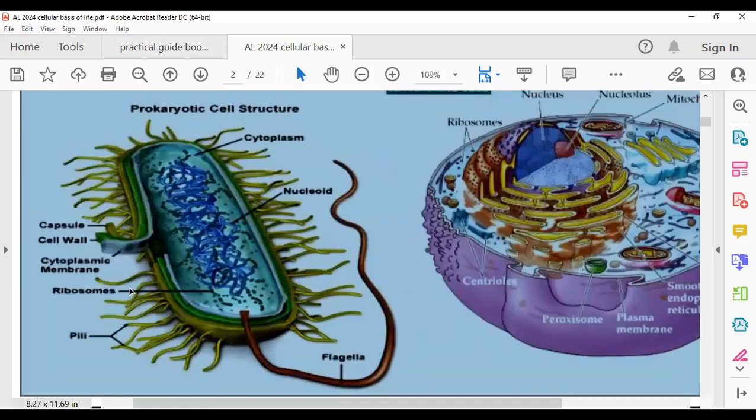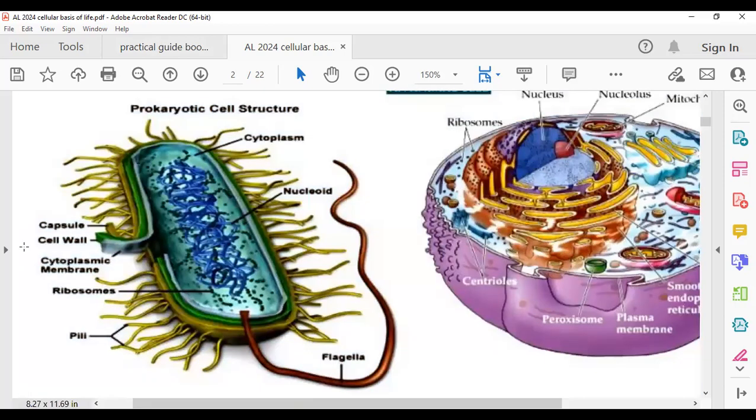If you take these two organizations, look at the two pictures there. The left side picture is a prokaryotic organization. What are the components present in a prokaryotic organization? There is a cytoplasm, correct? There is a region called nucleoid. There can be flagella, long extensions.